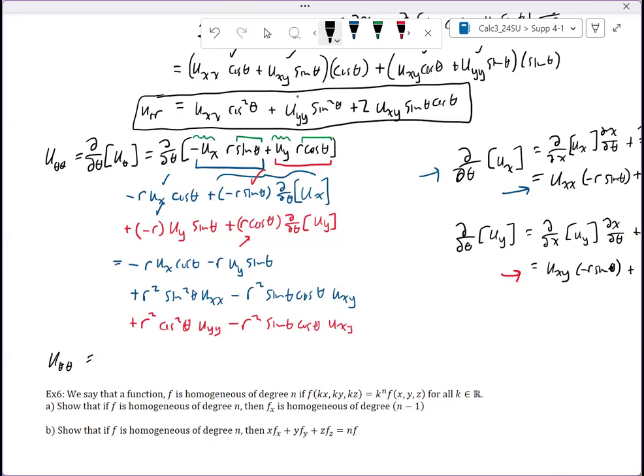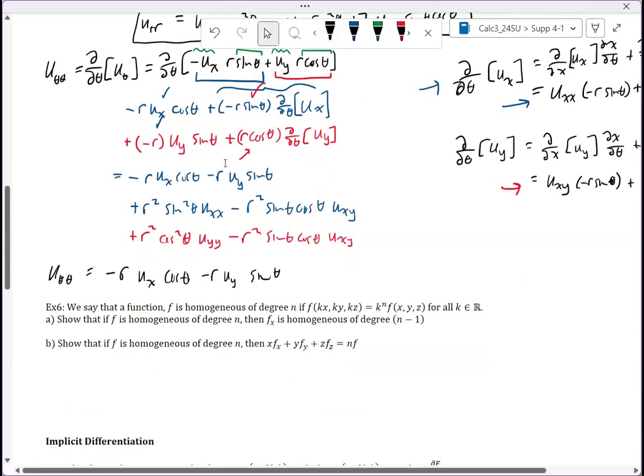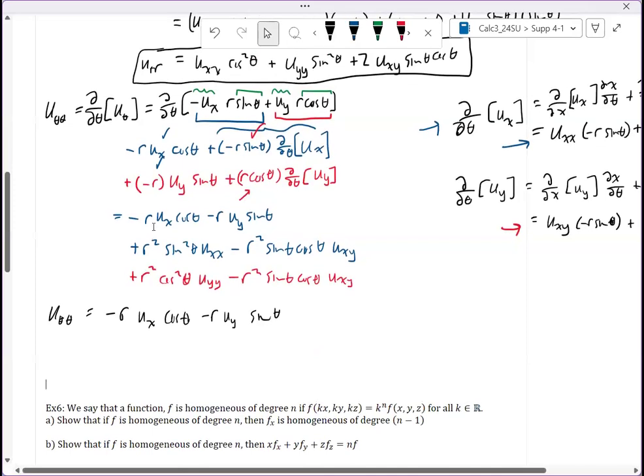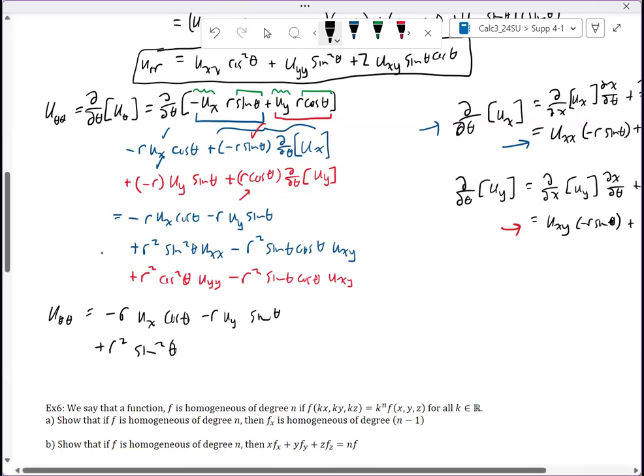So u theta theta is going to be the first partial terms, minus r u_x cos theta minus r u_y sine theta. And then plus r squared sine squared theta u_xx. So we got that one.